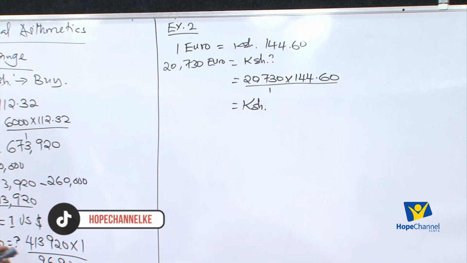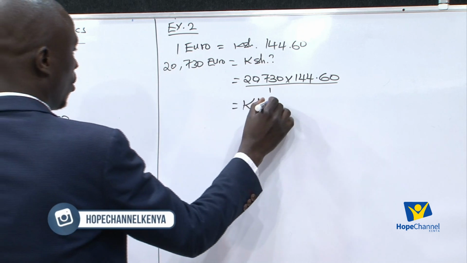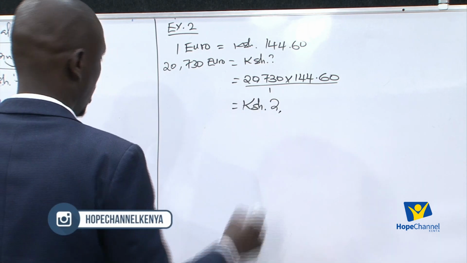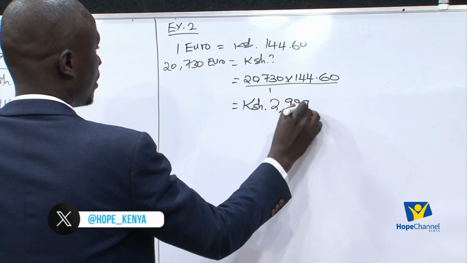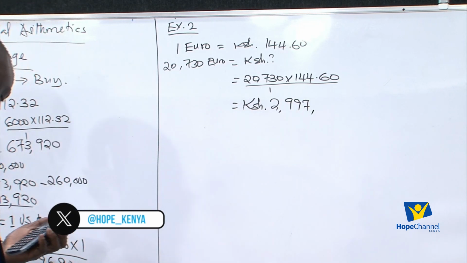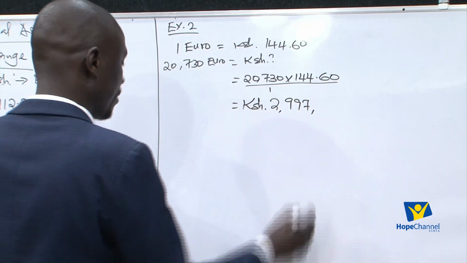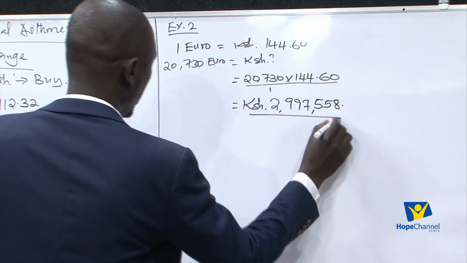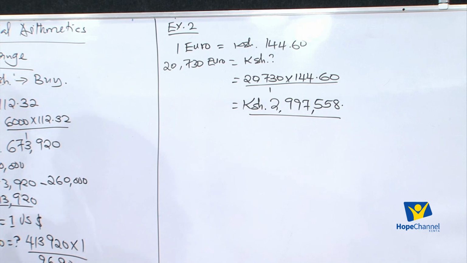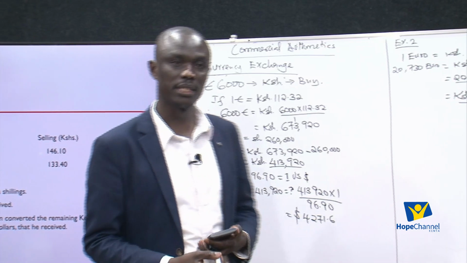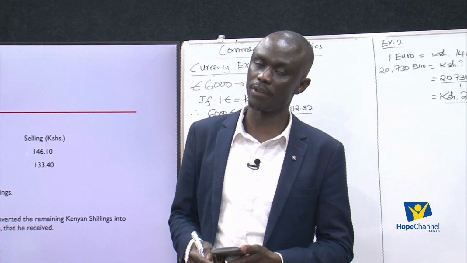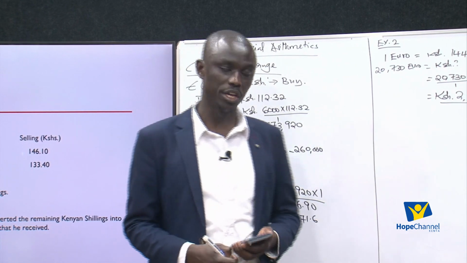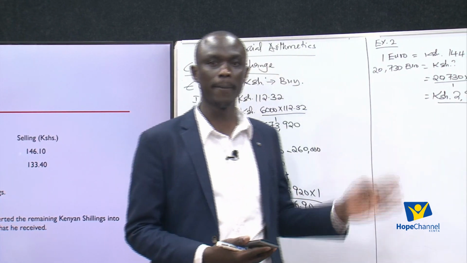So this businessman had a total of 2,997,558. So that is the amount of money that the businessman had in terms of Kenya shillings. This is what he or she was given at the bank.